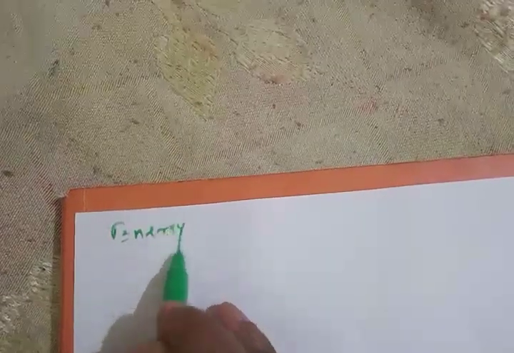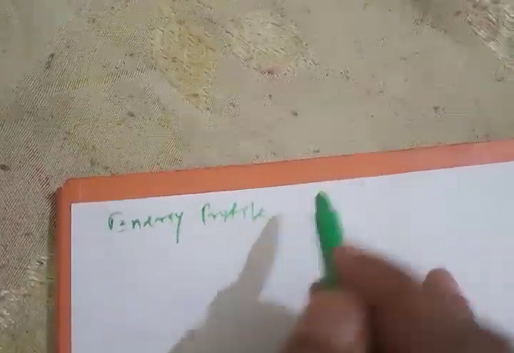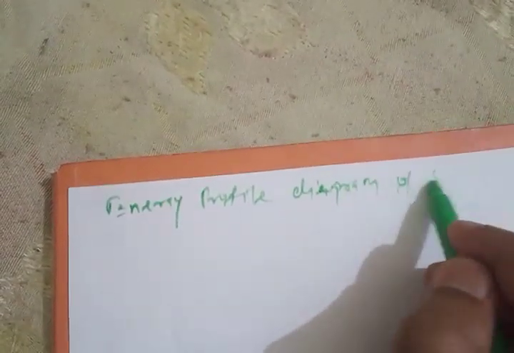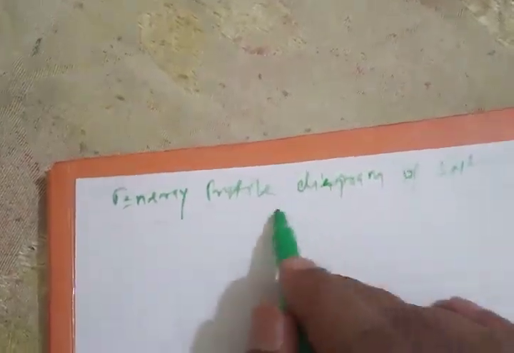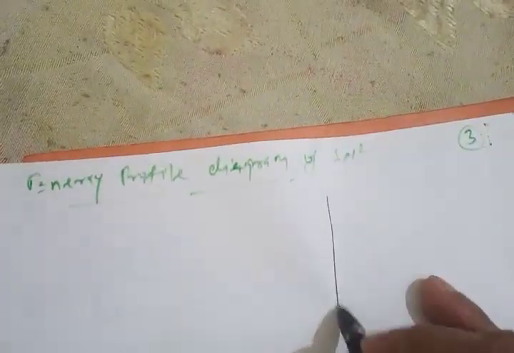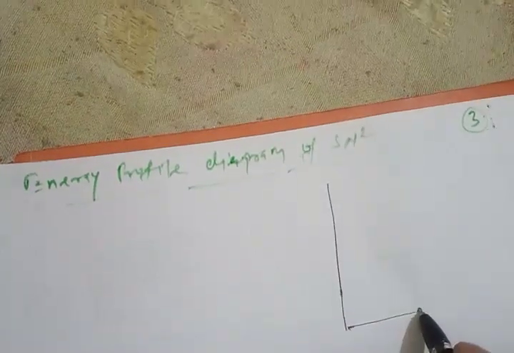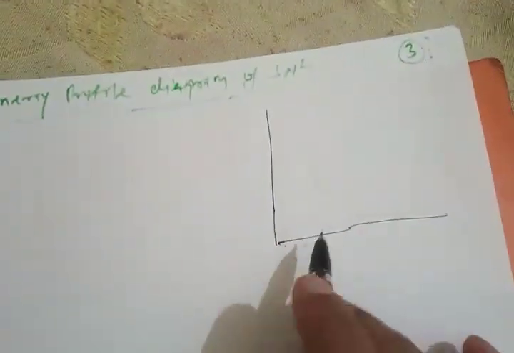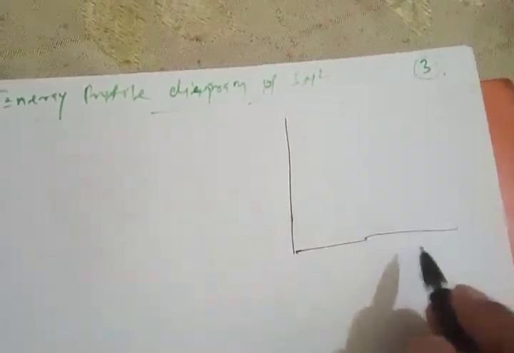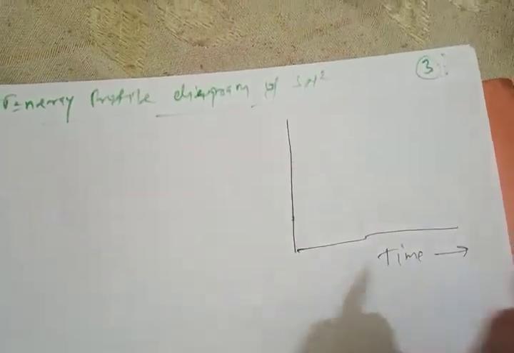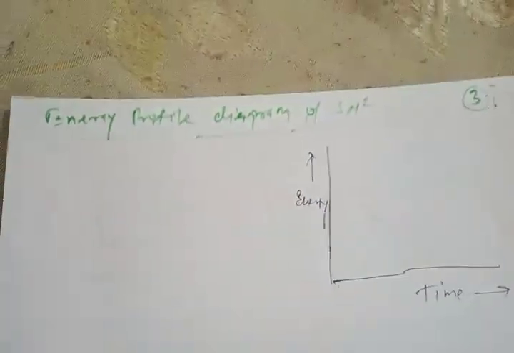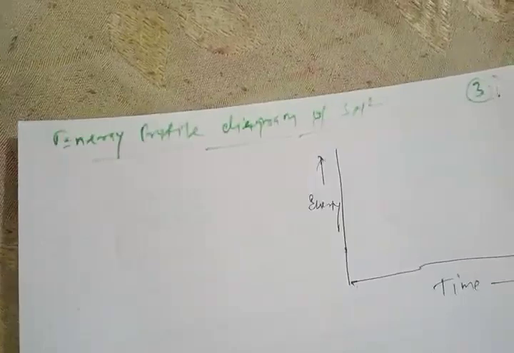Here I'm going to discuss the energy profile diagram of SN2, in a slightly different pattern, but everything is similar, nothing special. In the previous SN1 I wrote reaction coordinates; you can write time here, or reaction coordinate is also correct. Then this is the energy, potential energy, so you can write only energy. So let's start the energy profile diagram.